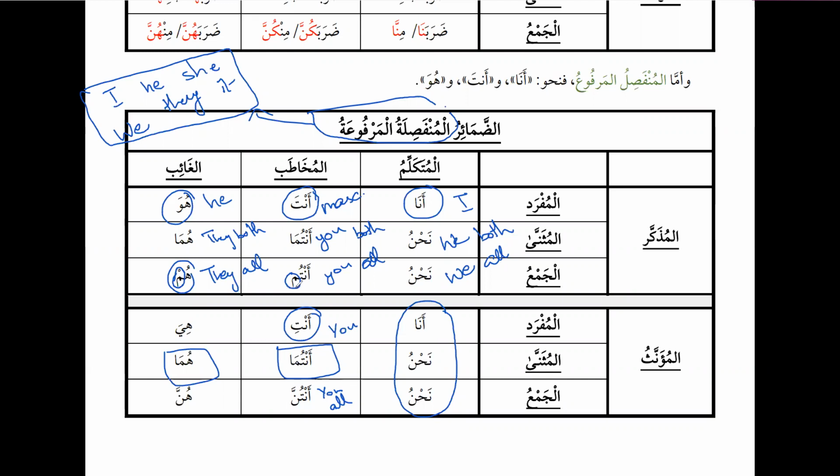And now see, for the males, if you want to make a plural of them, you use the letter noon. For females, you're using noon shadda. So above, in the ضمائر متصلة منصوبة, you said ضرب كن من كن ضرب هن من هن. However, in here, likewise, أنتن.